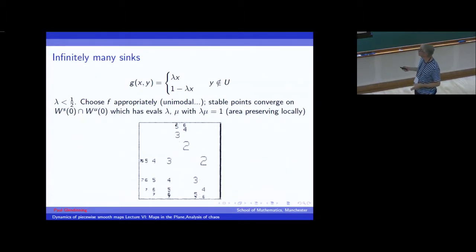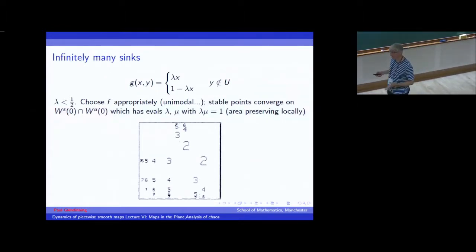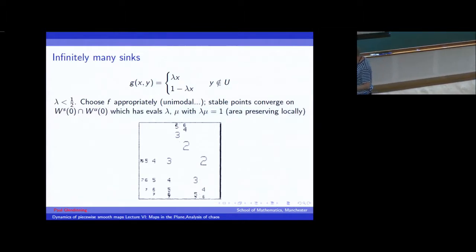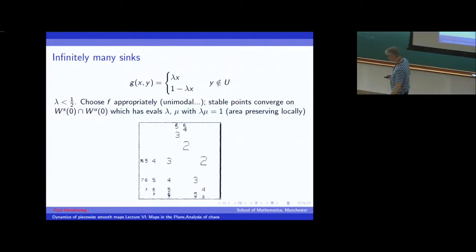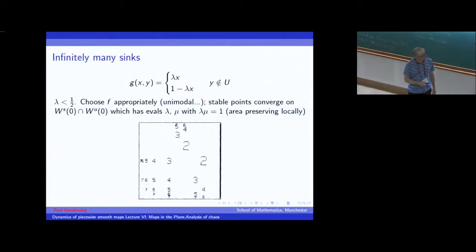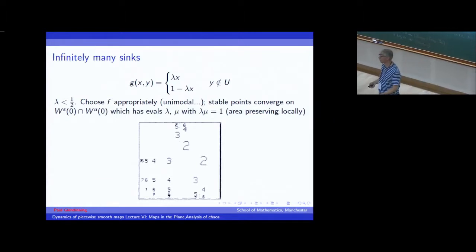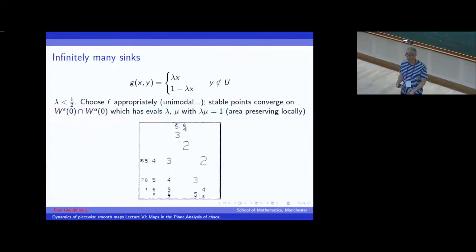So I think there's an interesting thing here about looking at the infinitely many sinks property in piecewise smooth systems and asking, what's the general theory for that? At the moment, there's no general theory, as far as I know. There's sort of well-chosen examples.